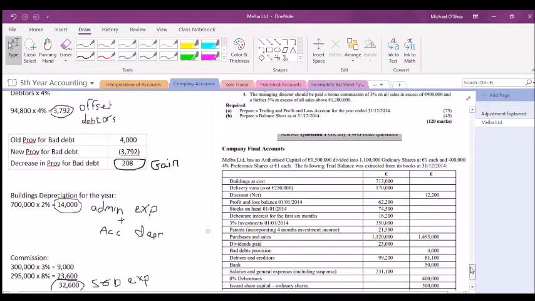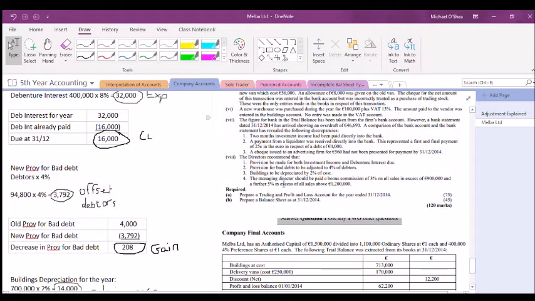Finally, last thing we're asked to do is get commission. The managing director should be paid a bonus commission of 3% on all sales in excess of 900,000. So all our sales above 900,000, the managing director will receive a bonus commission of 3%.